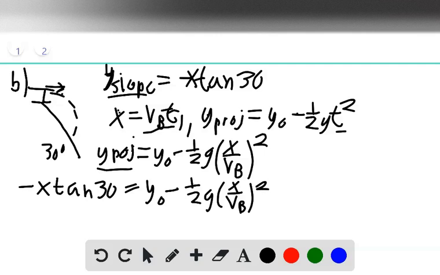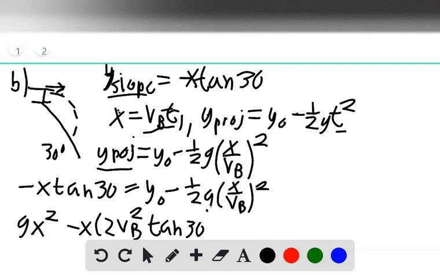Rewriting everything to make it easier, you get gx squared, I didn't put my squared term first, gx squared minus 2vB squared tan 30 x minus 2y naught vB squared equals 0.